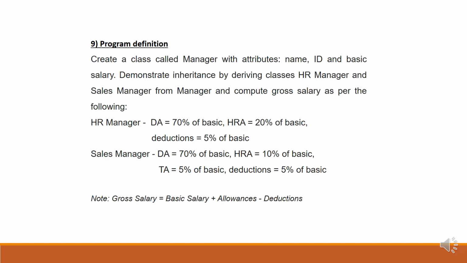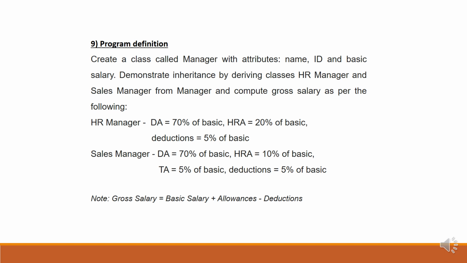Coming to the program definition, create a class called manager with attributes name, ID, and basic salary. Demonstrate inheritance by deriving classes HR manager and sales manager from manager and compute gross salary as per the following.